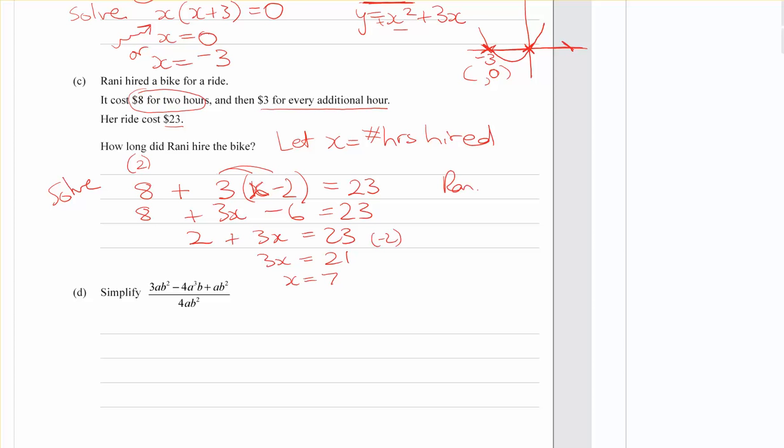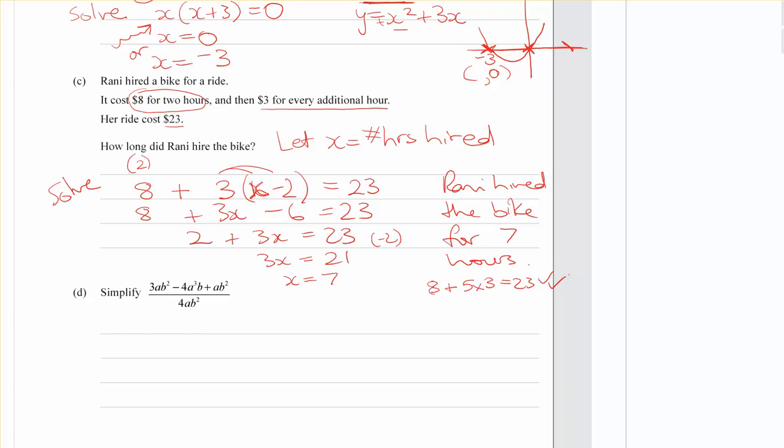So Rani hired the bike for 7 hours. And you could just check that because the first 2 hours would be a cost of $8. That leaves 5 hours, costing 3. 5 times 3 is 15 plus 8 is 23.